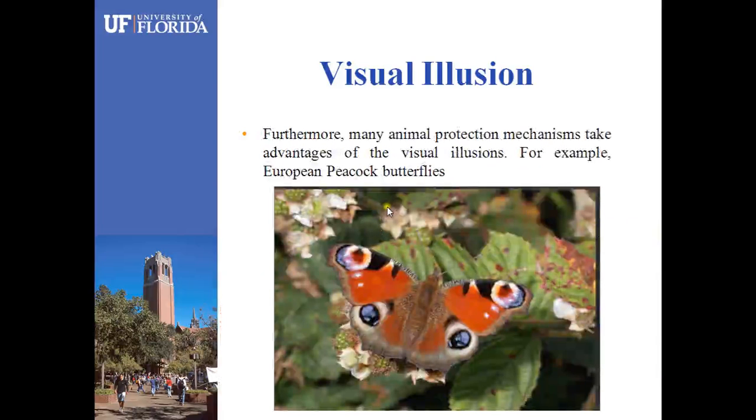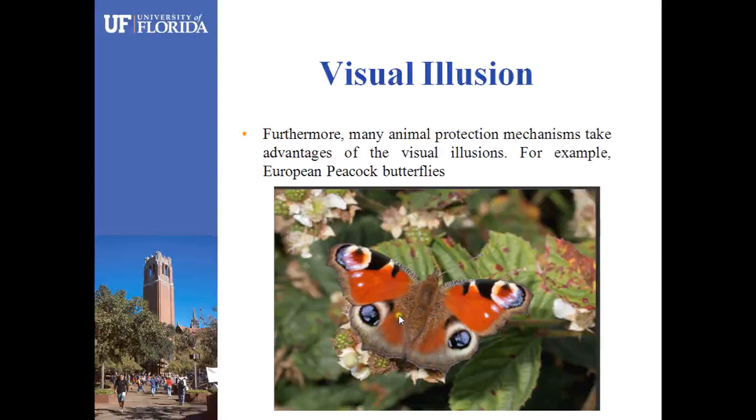Furthermore, animal protection mechanisms take advantage of visual illusions. For example, the European peacock butterflies. You can see the pattern on their wings. They're pretty like the eyes of larger animals.